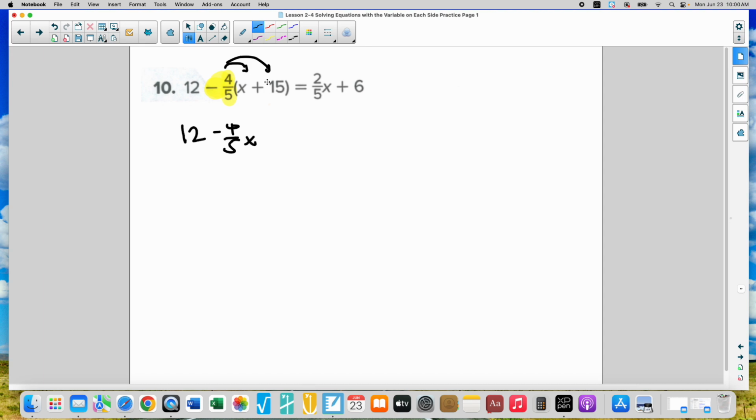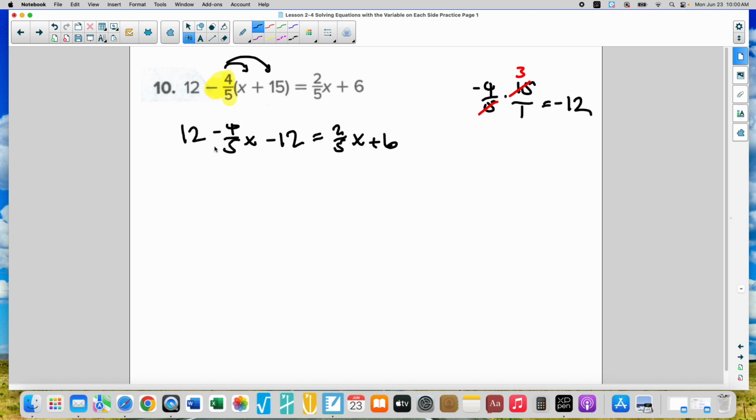Negative 4/5 times 15. 5 and 15 go 3 times. So I'm going to get negative 12. So minus 12 equals 2/5 x plus 6.